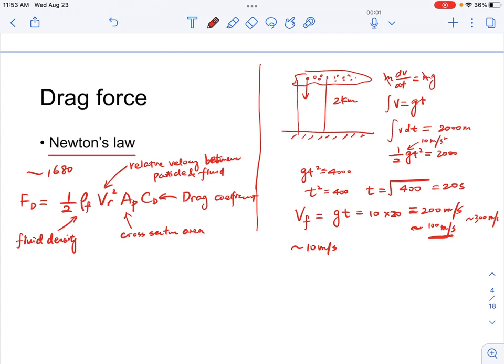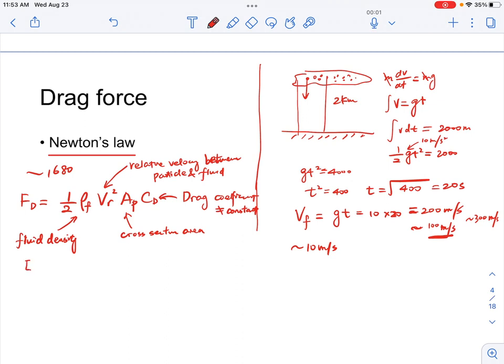The drag coefficient is not a constant, I would say. At that time, in certain flow regimes, people found out that the drag coefficient is somewhat similar to a constant, but in other flow regimes, it is not. We can also take a look at the unit of these different terms.